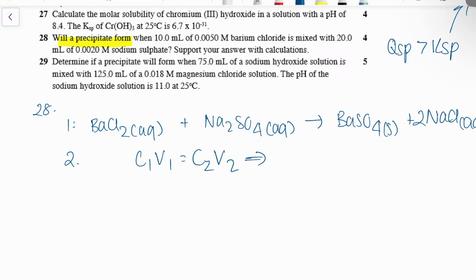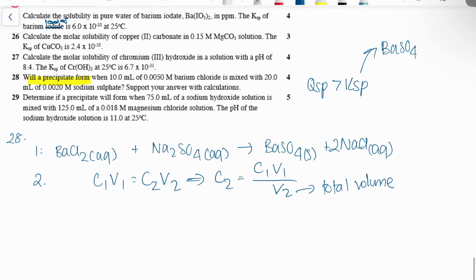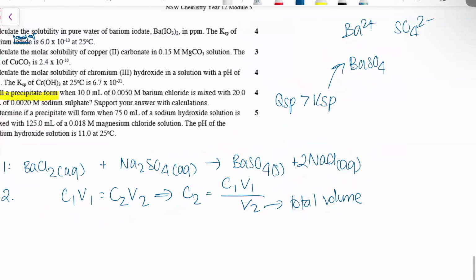Then C2, the final concentration that we're looking for, is C1V1 on V2, where V2 is the total volume of the 2 solutions. All right, so we said the precipitate is BaSO4, so we're concerned with Ba2+ and the SO4 2-.